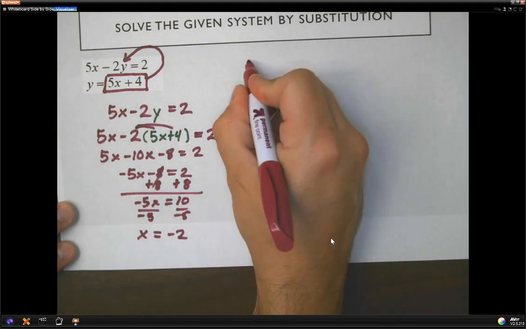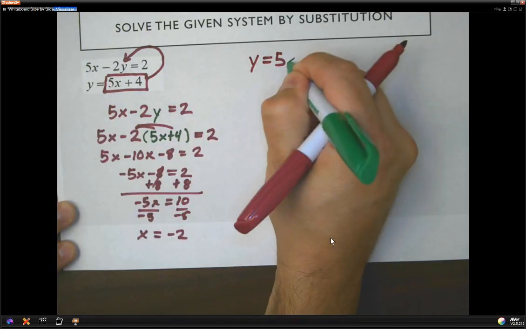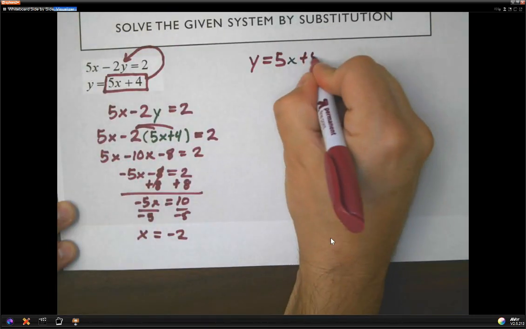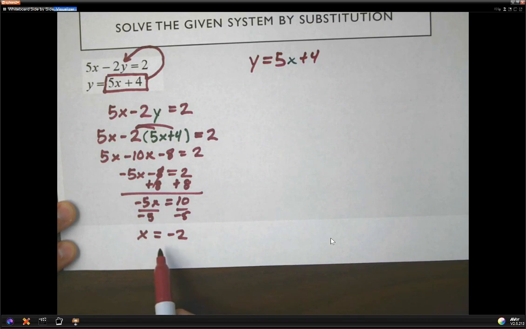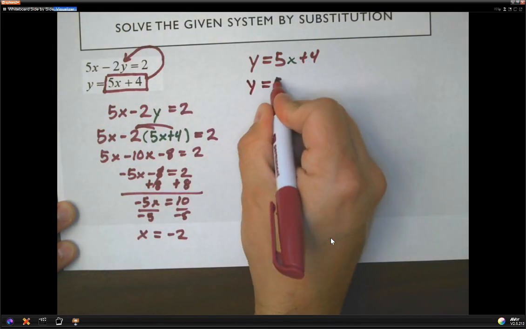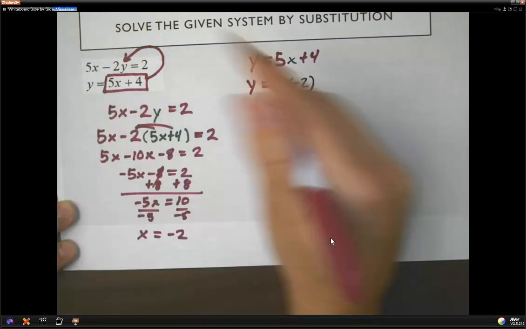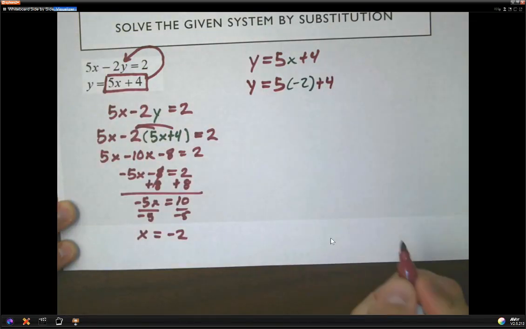So I'm going to take the equation y equals 5x plus 4, and I am going to replace the x value here with the x value that I got. So I get y is equal to 5 times negative 2 plus 4.